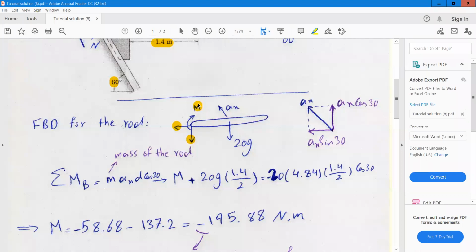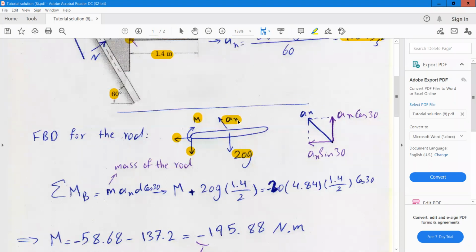We want to calculate this moment. We have the weight of the rod, which is 20 kilogram times g. And also we have this acceleration. This is the difference between this problem and a static problem. So in this case, we have the a_x, or the acceleration. Now we can write the force equation or moment equation to obtain the moment.